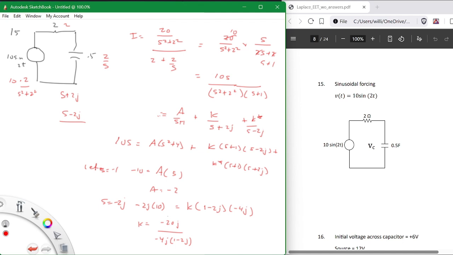Or it's the square root of 5 at 63.3 degrees. So the final answer is what?